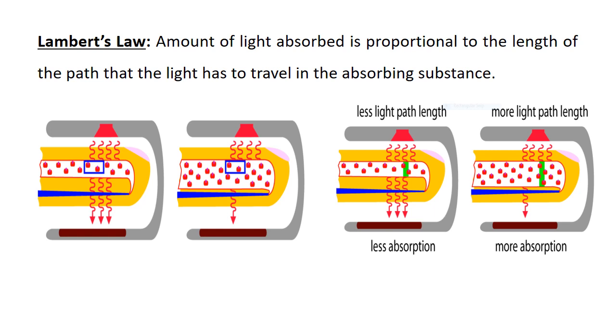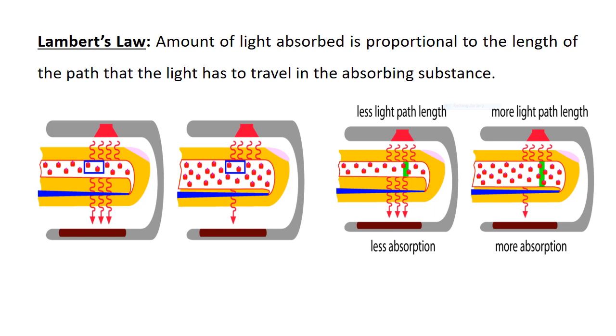Now coming to Lambert's law: according to Lambert's law, the amount of light absorbed is proportional to the length of the path that the light has to travel in the absorbing substance. In this diagram, the blood vessels in both figures have different diameters.